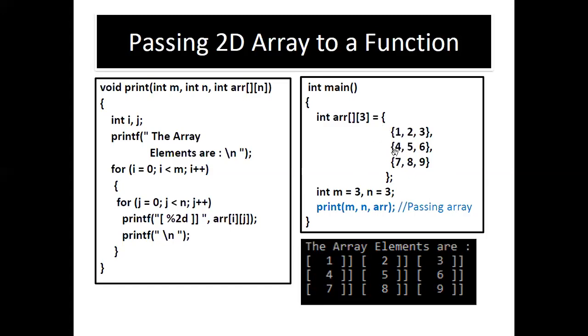I have taken the array elements directly here, so you have 3 by 3 elements, m and n. We need to remember, in the case of a 2-dimensional array, you pass its row size, its column size, and also its base address.